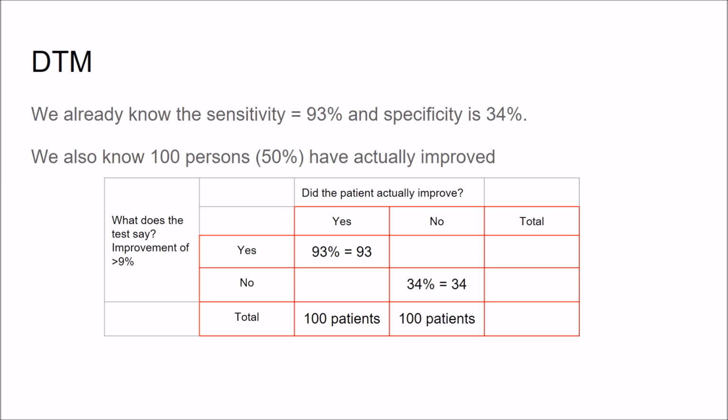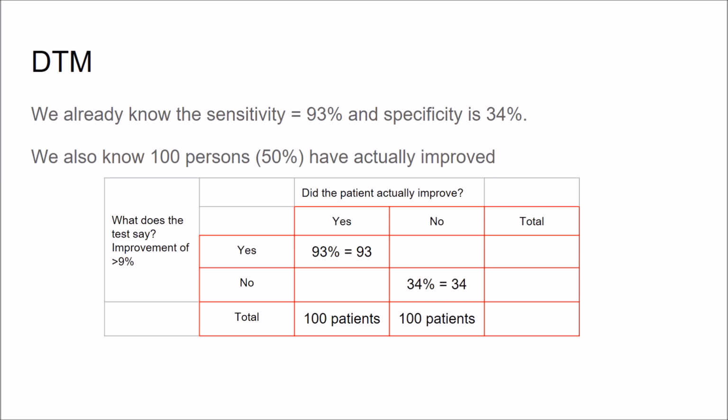If we were to convert that into actual patients, because the total number of patients under the yes, the patient has actually improved is 100, 93% of that would give you 93 patients. The same applies for the column that says the patient did not actually improve, and because the specificity is 34%, you convert that into number of patients.